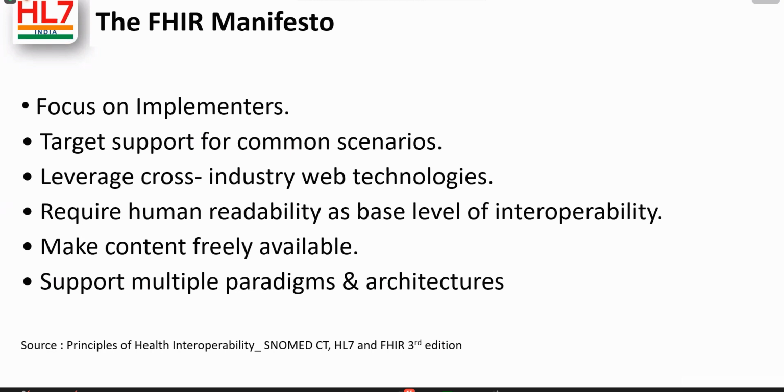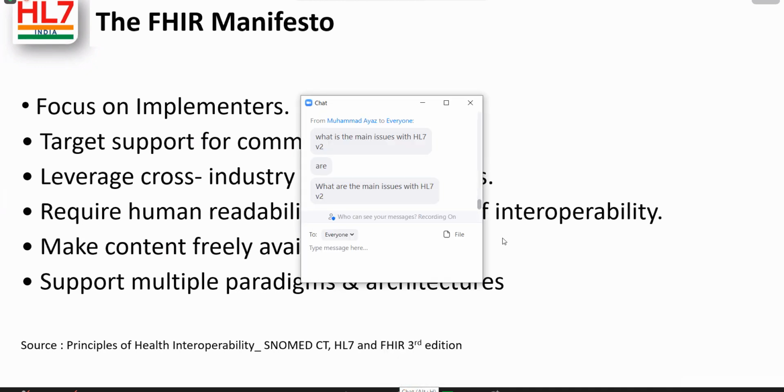So it became very tough for people to implement, and slowly its usage declined. It was understood that HL7 v3 would not succeed. Some portions of it have succeeded, like the CDA or the RIM architecture, but the entire standard was not quite a success.